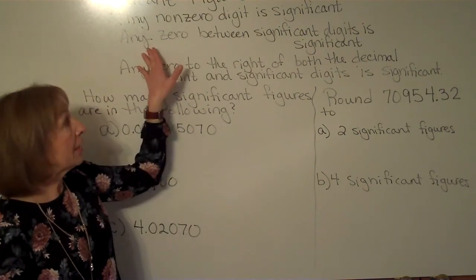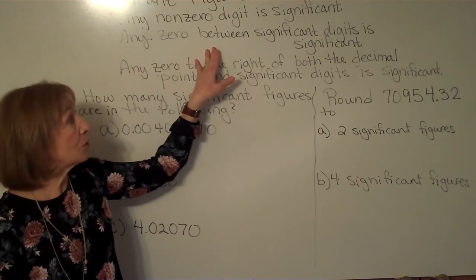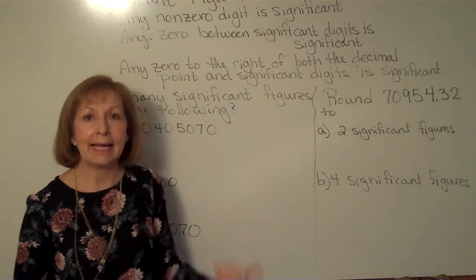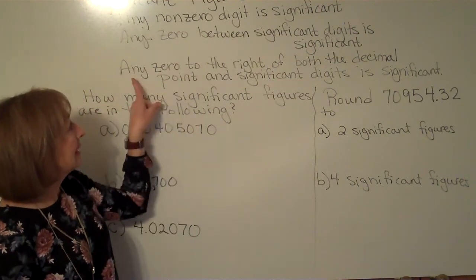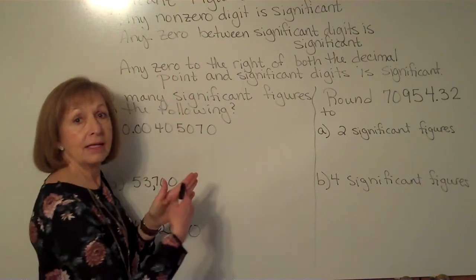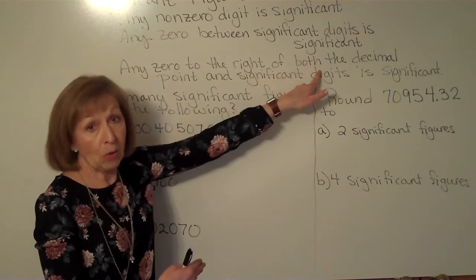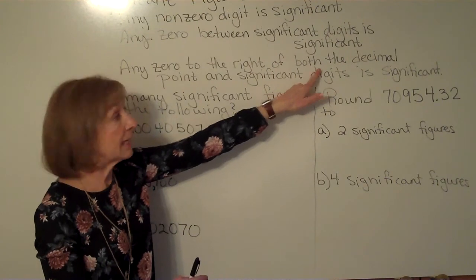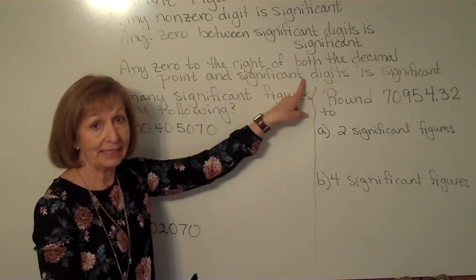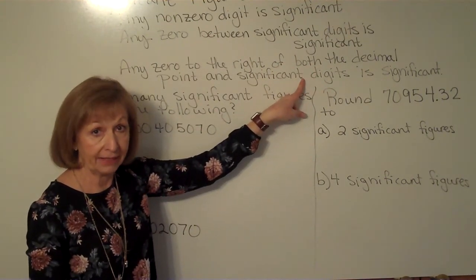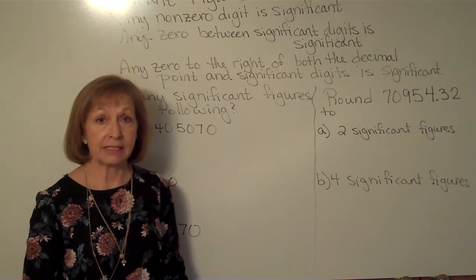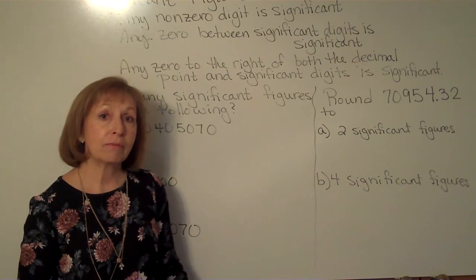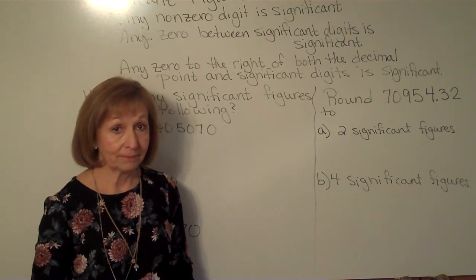If you have a zero that's between significant digits, it has to be counted as significant. The next thing is that if you have a zero that's to the right of both the decimal point and a significant digit, then it's considered significant. All of the other zeros are not considered significant unless there's some sort of marking that indicates that they are.